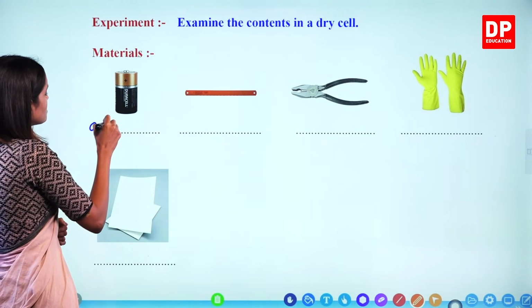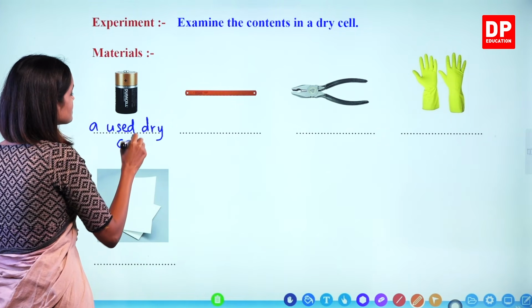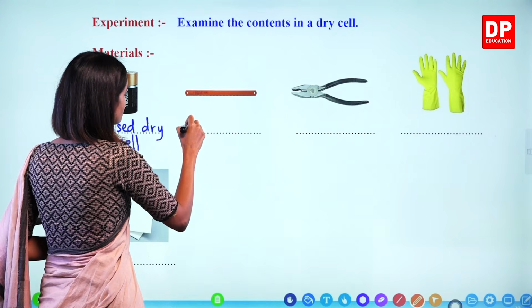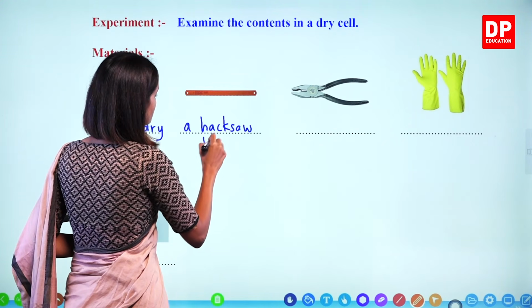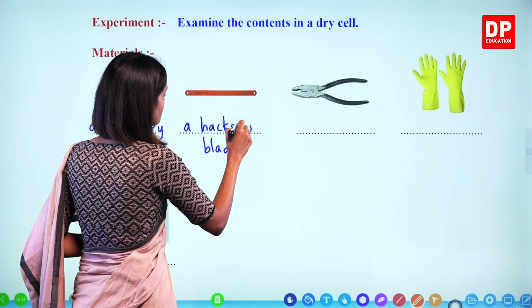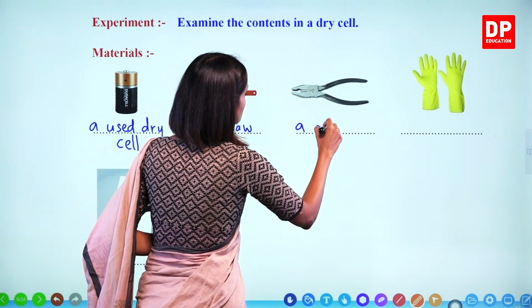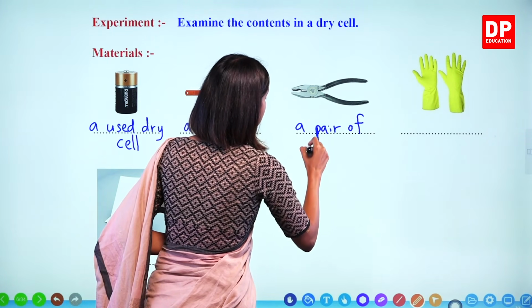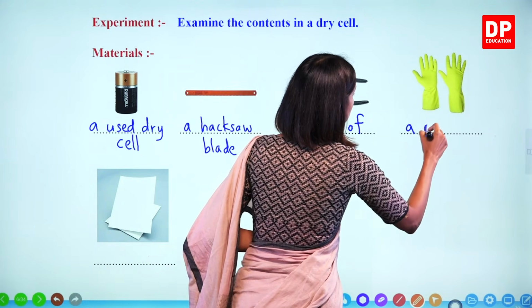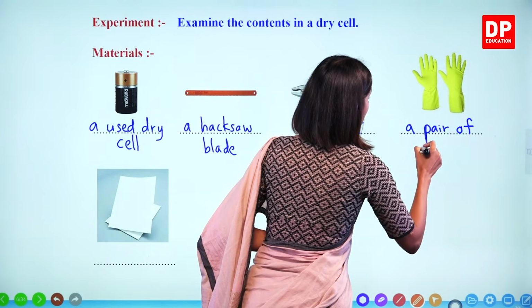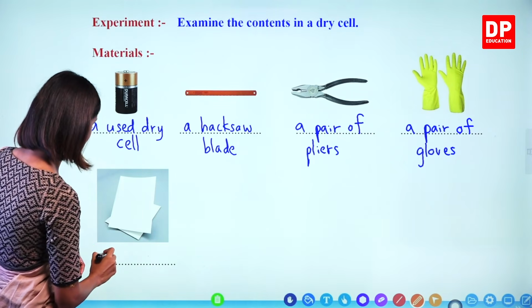You will need a used dry cell, a hacksaw blade, a pair of pliers, a pair of gloves, a sheet of paper.